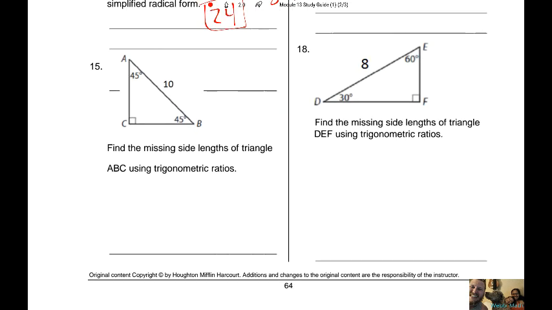All right, find the missing side lengths of the triangle ABC using trigonometric ratios. Again, this is a 45, 45, 90. We have these ratios. They gave us one of our sides, so we have x square root of 2 equals 10. We will divide by the square root of 2.